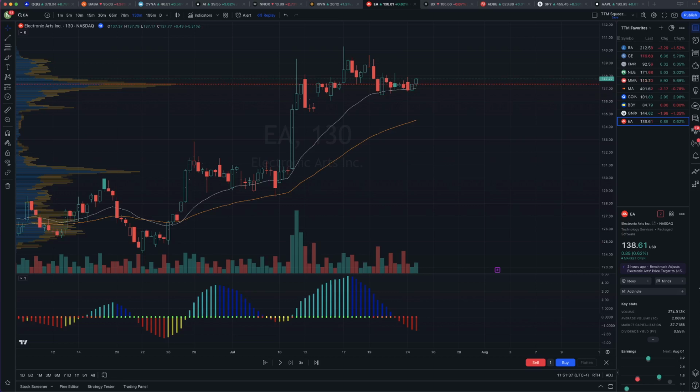We call this the bird pattern, right? We've come up, we've made a high, we've pulled back, we're consolidating around the moving averages, in what would be a descending triangle formation with a squeeze.